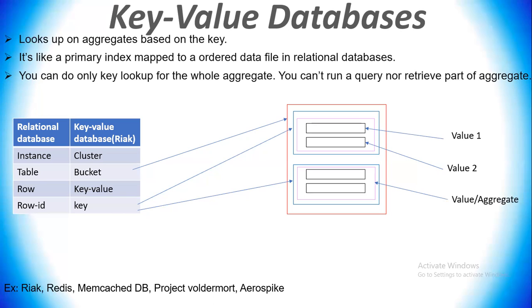Because in the general definition, the aggregate is the unit which is the upper limit for a transaction. In the relational model, a given table, which can consist of multiple rows, is a limit for a transaction. Or maybe you can join tables and form another table and do a transaction on that table.